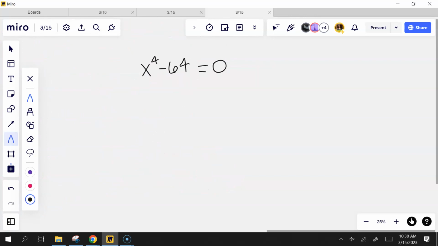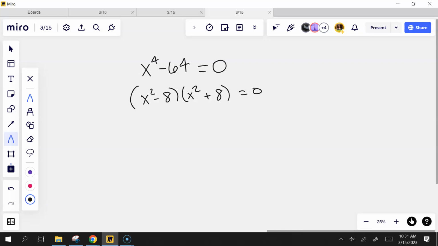All right. It equals 0. What should be the first thing that I do? Difference of squares. Difference of 2 squares. That's exactly right. So I'm going to do x squared minus 8, x squared plus 8, because those are both perfect squares. Now what? Can I factor either of them any further?